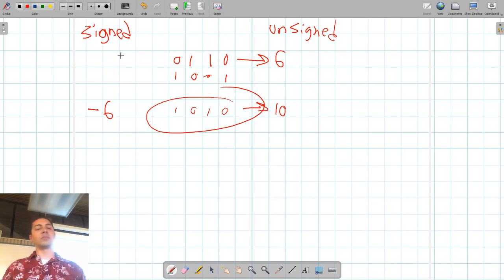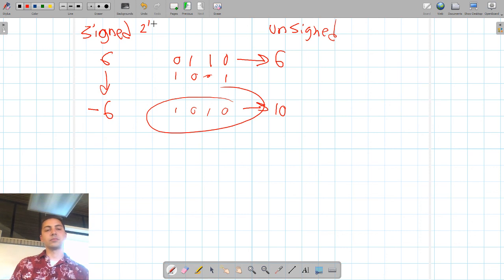As signed numbers, this is 6 and -6. Signed 2's complement has the ability to represent both positive and negative numbers using only binary symbols.